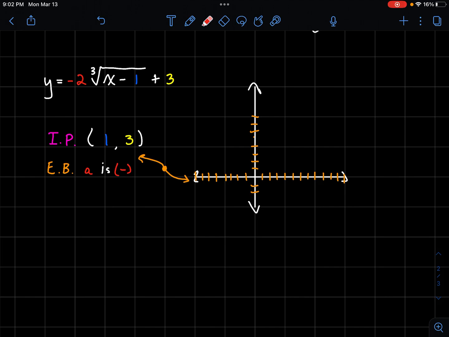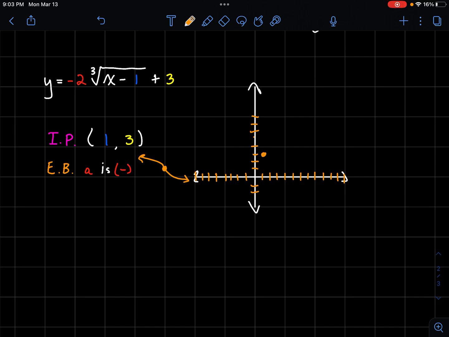So go to 1 comma 3, we plot our dot, and from here, our normal movement would be to go right 1, up 1, and put a dot. Now that vertical movement that I just said by going up 1, I'm going to multiply it by negative 2. So 1 times negative 2 is negative 2, which that product tells you where we're going to move.